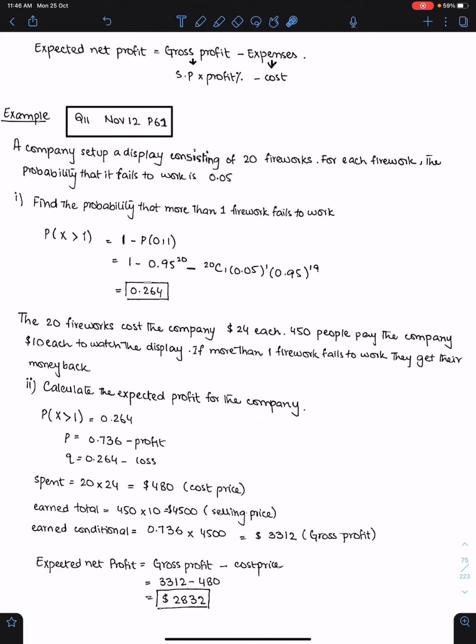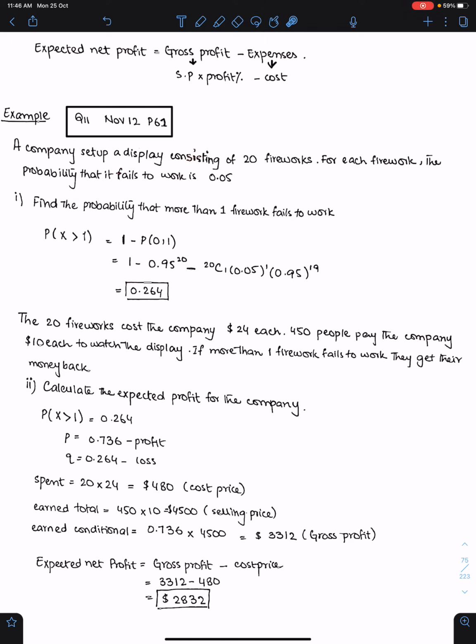Number one, you need to understand that this is the probability of loss. So probability of profit will be 1 minus this, which is 0.736. So probability of profit is 0.736 and probability of loss is 0.264.